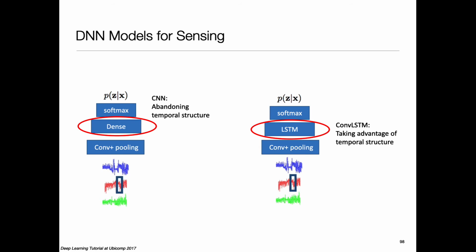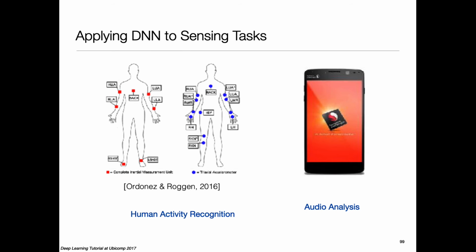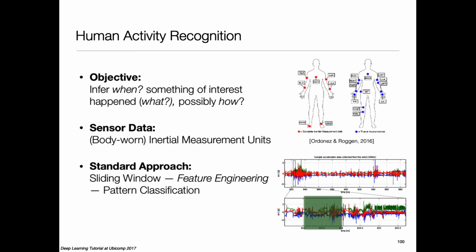So even if I am operating over a 1 second window or 5 second window, this kind of architecture helps. If I roll back 4 or 5 years, these architectures began to emerge and did pretty well for a variety of things like activity recognition and audio analysis.